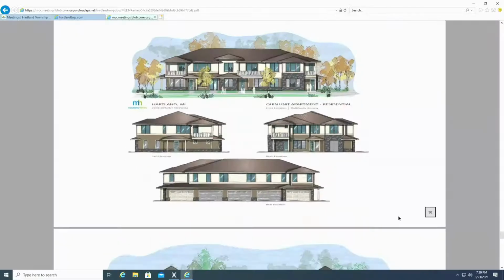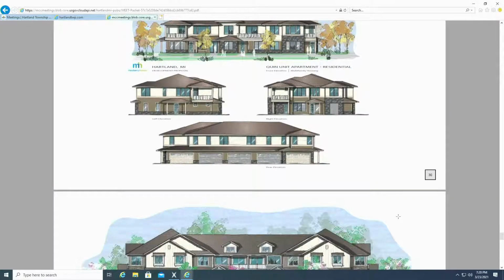So that's the 3-unit flat unit: three 2-car garages, 1 unit down, 2 units up. There's also a 5-unit flat. Yep, that's it. So 2 units down, 3 units up.